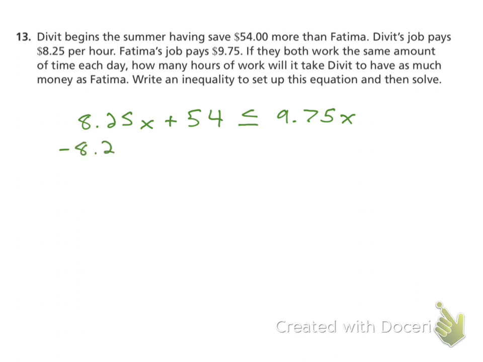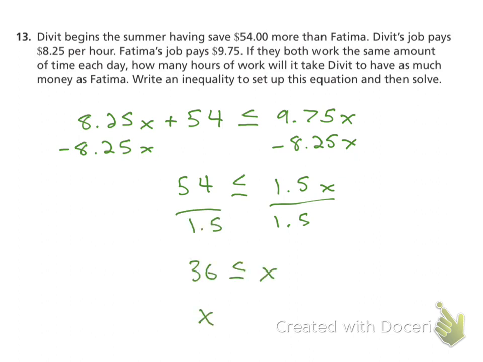So I subtracted 8.25x, which gave me 54 is less than or equal to 1.5x, divided by 1.5. So it would be 36 hours worked.